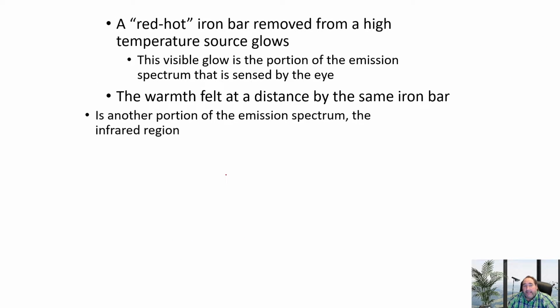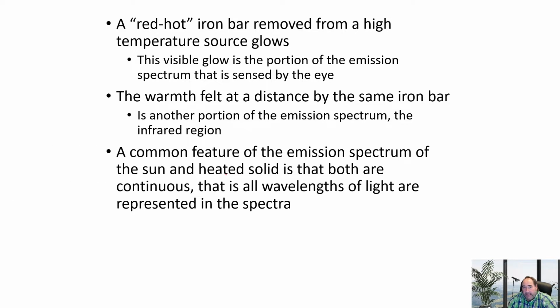So when we look at something, for example, like an iron bar that's removed from a high temperature source, it will really glow, and that's the visible part of the spectrum that we could see. We could also feel some warmth coming off of it. And that's a different part of the emission spectrum. That's the infrared.